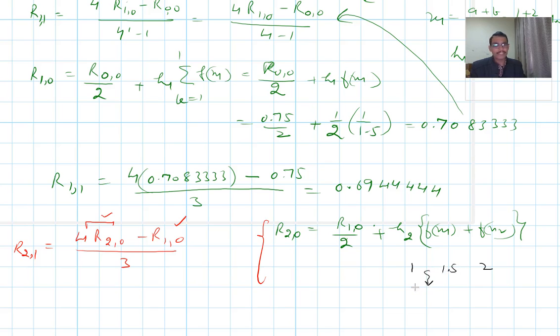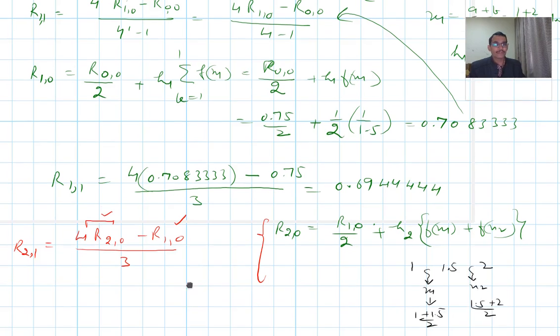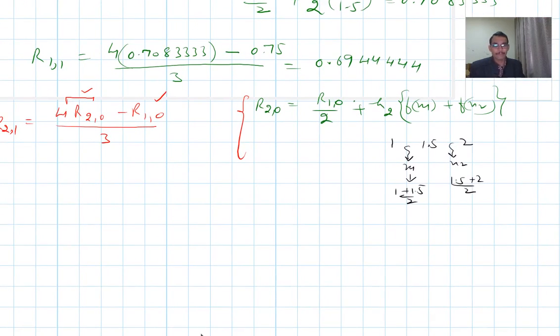Now x1 is basically the midpoint of 1 and 1.5, so it comes out to be 1 plus 1.5 by 2, and similarly x2 will be 1.5 plus 2 by 2. So x1 will become 1.25 and x2 will become 1.75, which we will use now. And h2 is equal to h by 4, or h by 2 raised to power 2, so it is 1 by 4, right?